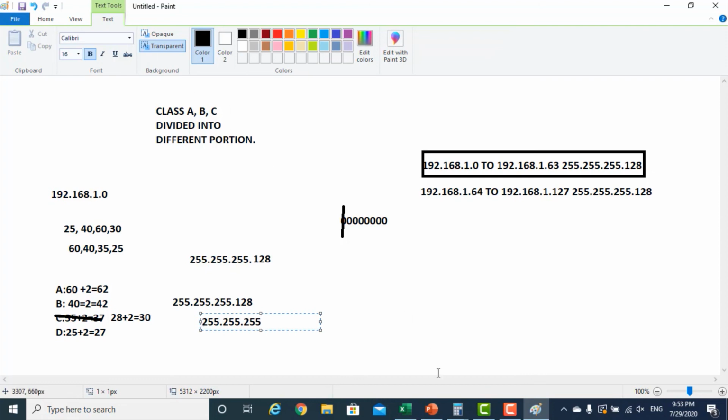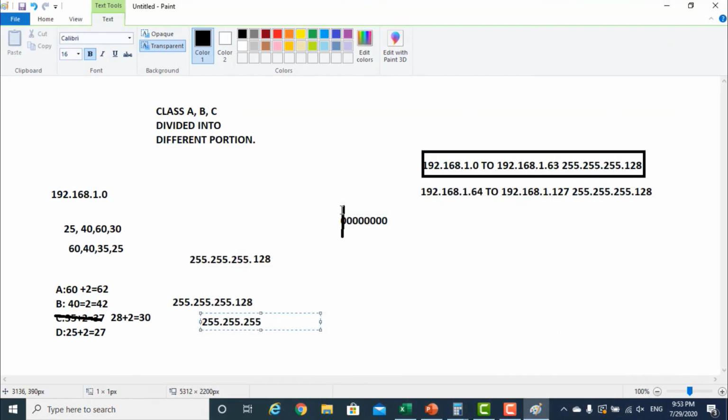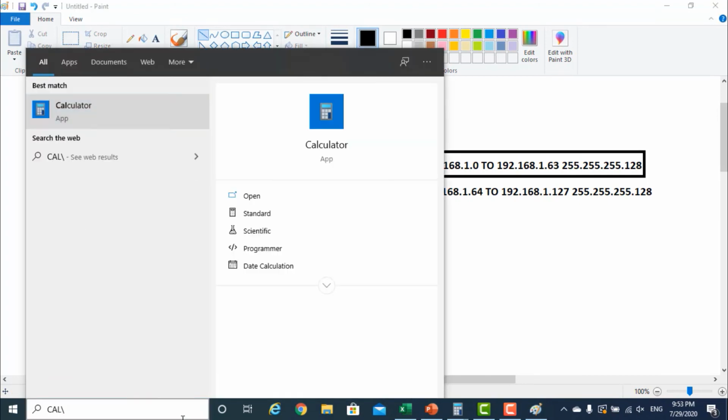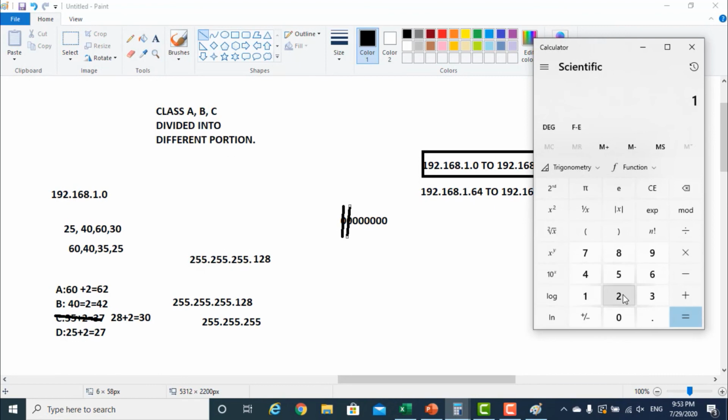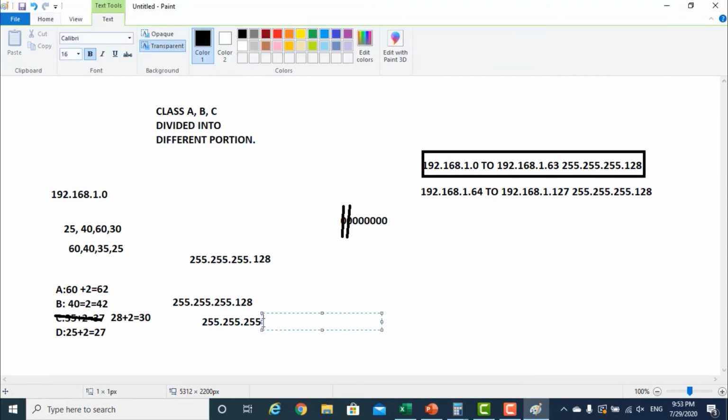Here we don't need the last 2 bits, so we will add these 2 to the network portion. So 128 plus 64 is going to be added for the network portion. Let me check how much the addition is: 64, 192. Okay, so .192 is going to be the subnet.